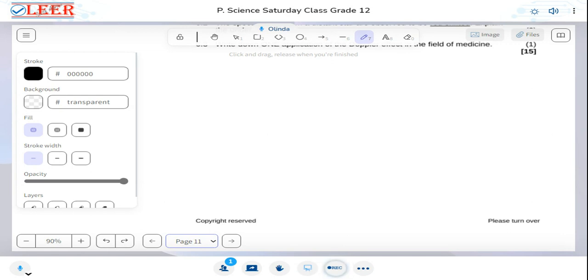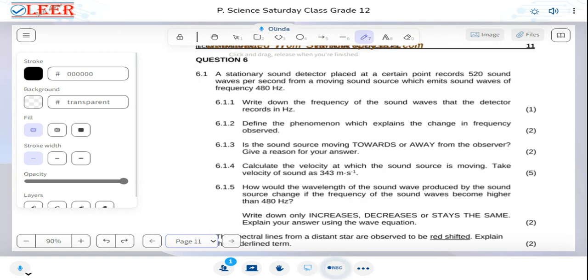I think we should move on and cover another topic as a whole, and then moving forward when we start doing revisions, we'll cover more questions regarding internal resistance. So we're going to quickly go through question 6, which is now your wavelengths.